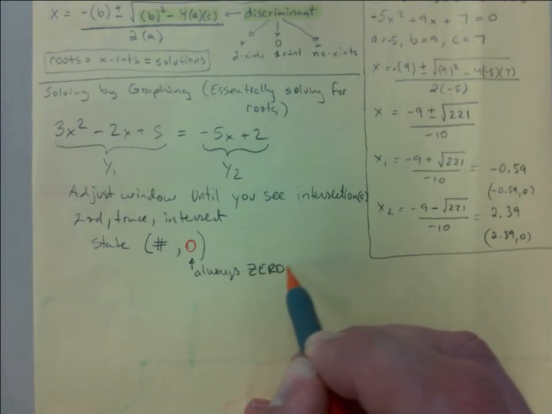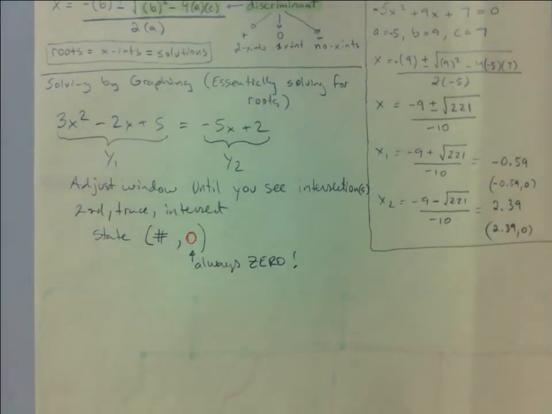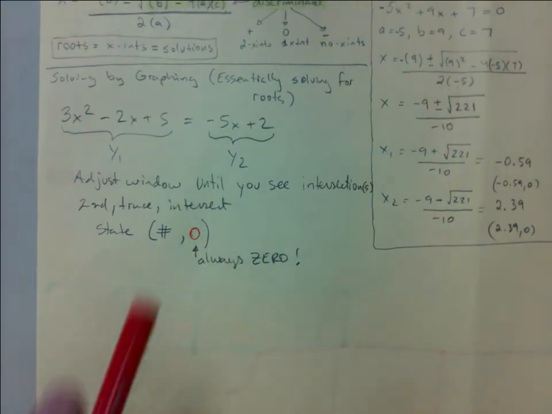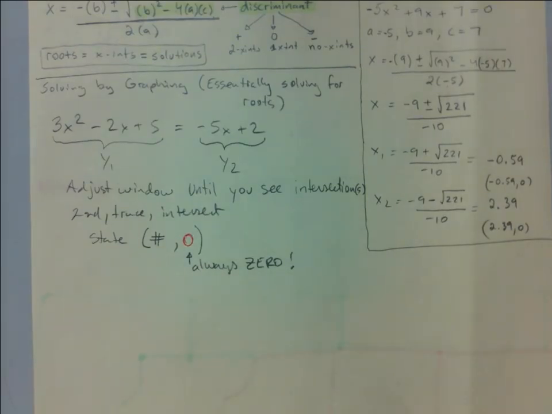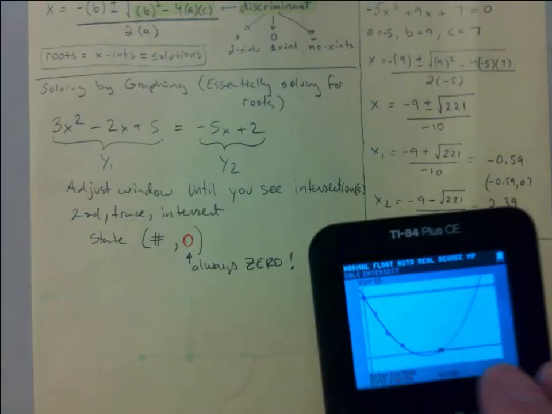Make sure you don't get that wrong, because you'll lose a mark if you put anything other than 0 at the end. Because if you use that method that I'm suggesting, you will get a y value that is not 0. So you want to ignore the y value, and just state it like that.